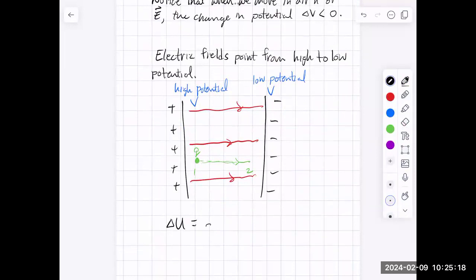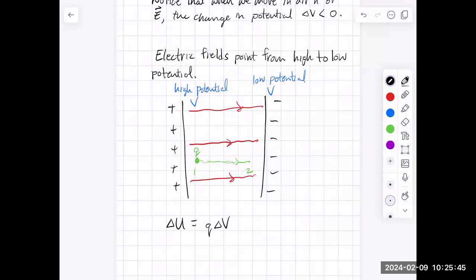Delta U is Q delta V. So if I take my charge and let it move from 1 to 2, let's say little q is positive. Do I expect the charge to gain or lose kinetic energy when it moves from 1 to 2? Yeah, go ahead. Gain, right?